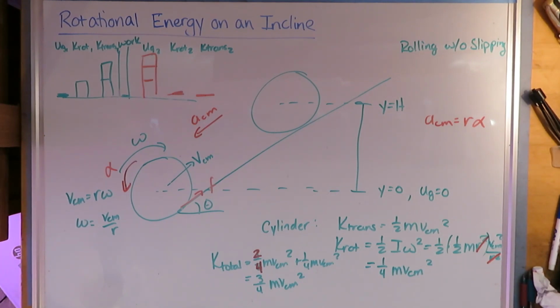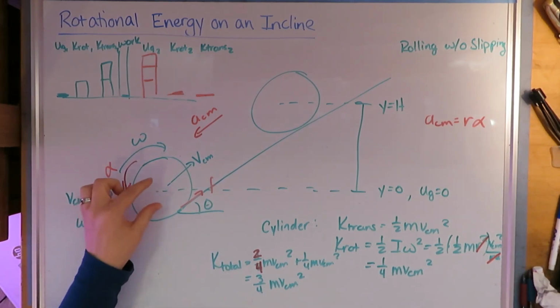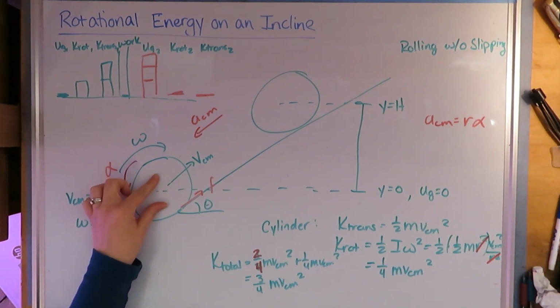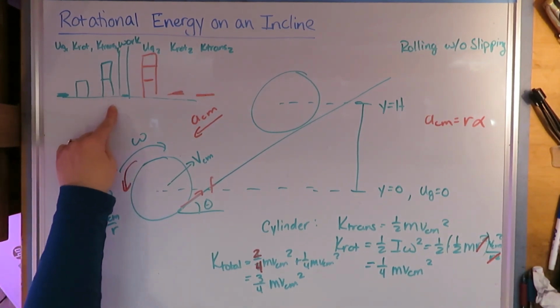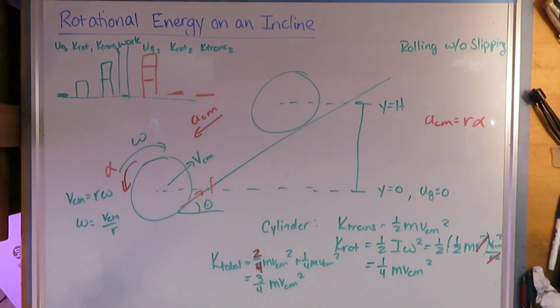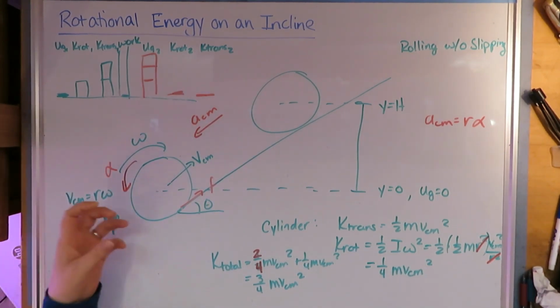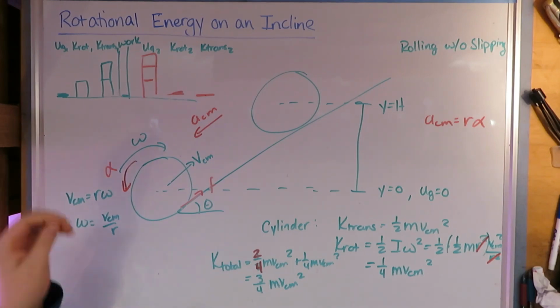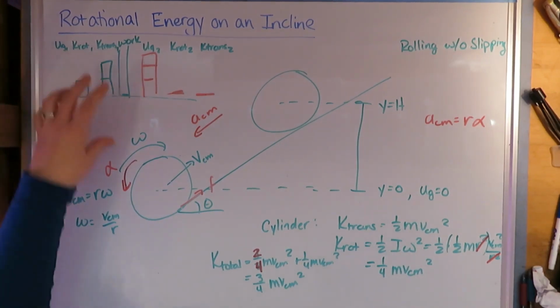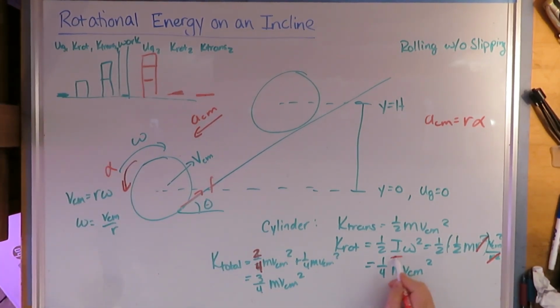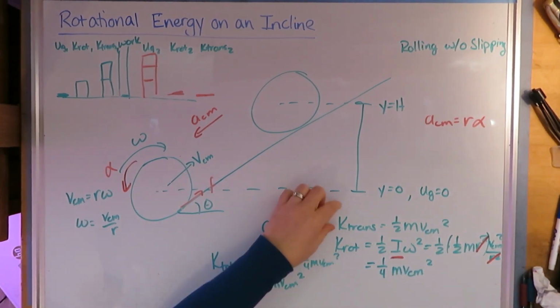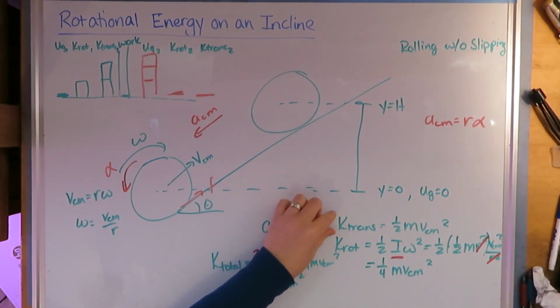Now, depending on what I have, say I have two objects that have the exact same speed, so the K trans is the same for the hoop and for the solid cylinder. The hoop is going to have more rotational energy because of its larger moment of inertia, but they'll have the same translational kinetic energy.